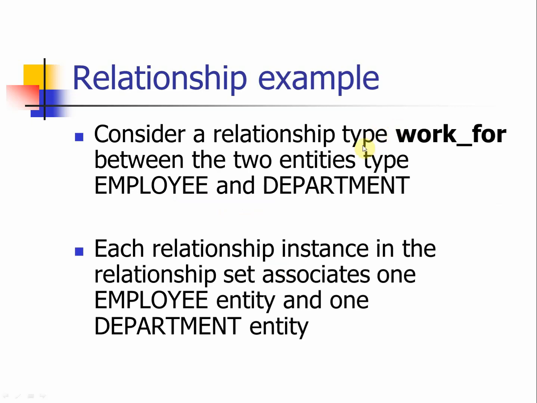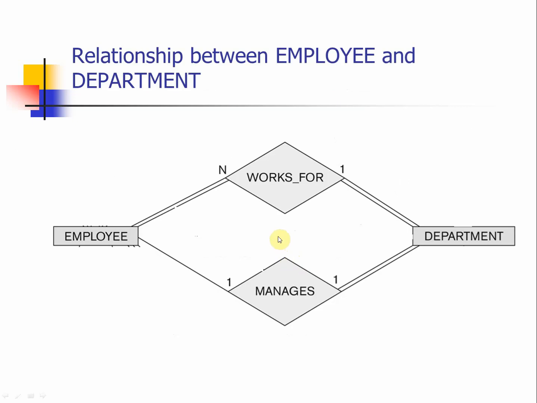Consider the relationship type works for, indicating who works for what department, between the two entities, employee and department. Each relationship instance in the relationship set associates one employee entity and one department entity. So if you take a look at this one, you will see that it indicates which department an employee works for. In the other example, employee manages what department is shown here.